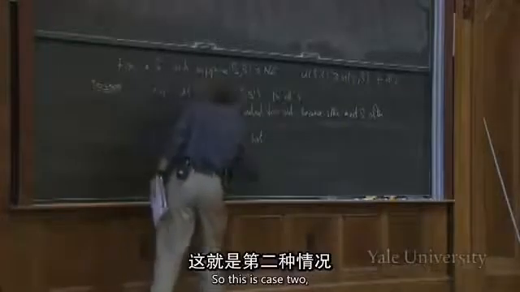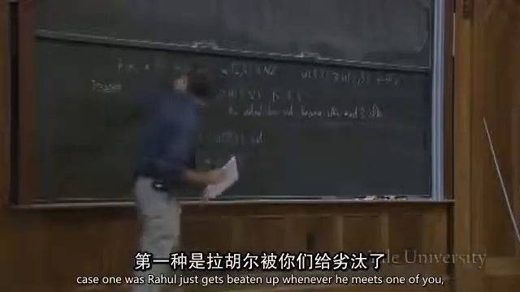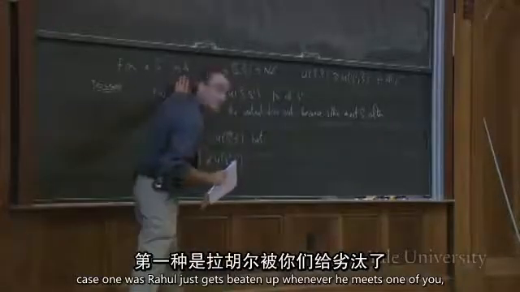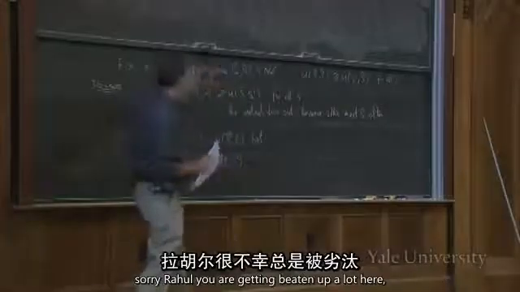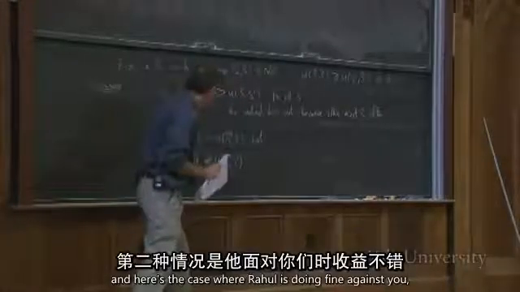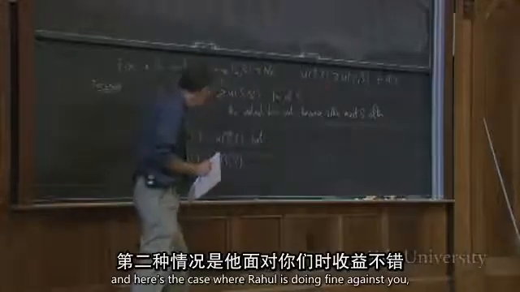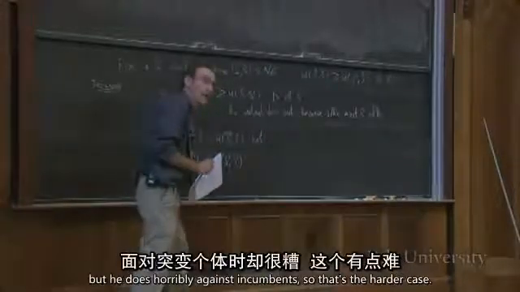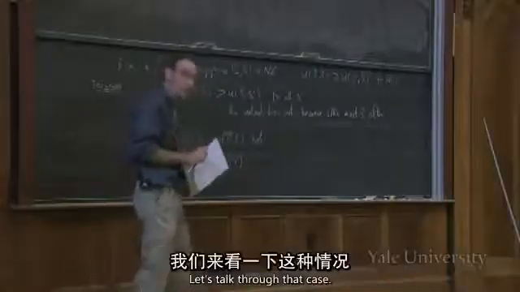All right, so this is case two. Case one was Rahul just gets beaten up whenever he meets one of you. Sorry, Rahul, getting beaten up a lot here. And here's the case where Rahul is doing fine against you, but he does horribly against the mutants. So that's the harder case. Let's talk through that case.